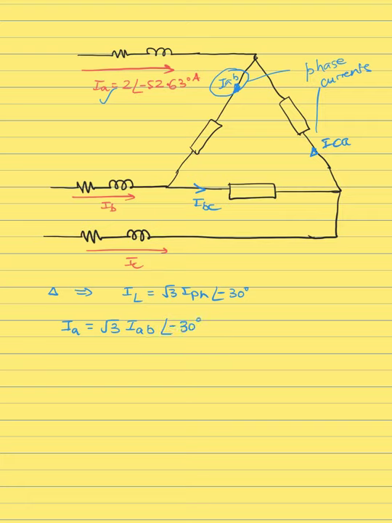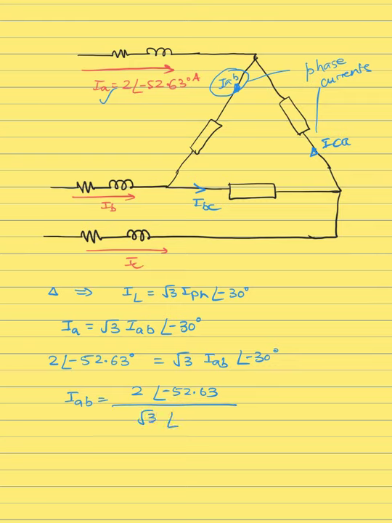Now I know IA, so I'm going to substitute that: 52.63 equals root 3 IAB at an angle of negative 30. So I'll be able to calculate IAB. IAB equals, okay, 52.63 divided by root 3 gives you the amplitude, whatever value you calculate, and the total angle will be, 30 goes up.